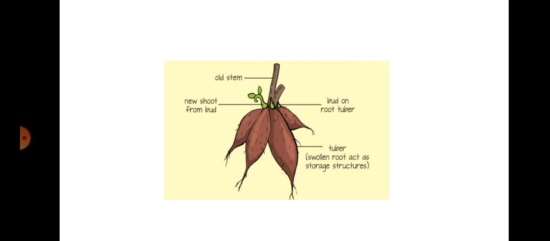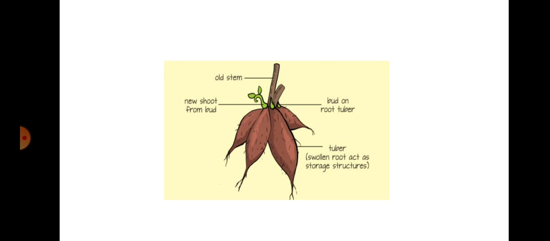Next one, vegetative propagation by roots. Root parts are used for asexual reproduction. Plants have tuberous roots, that is, roots used as storage organs, which participate in vegetative propagation.